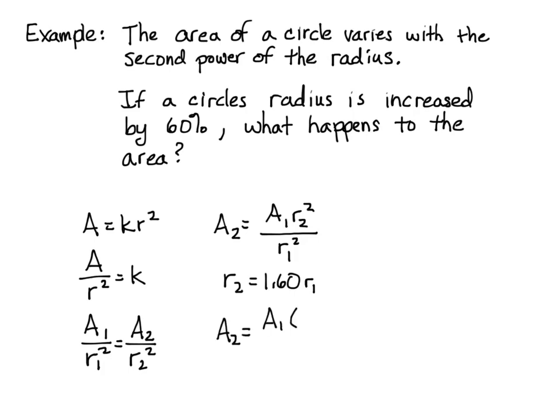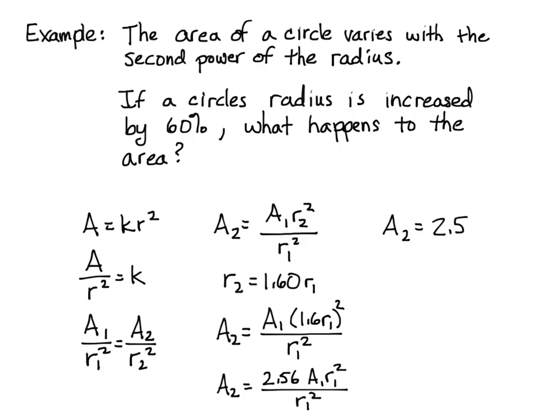Then I'll make the substitution, 1.6 r1 squared, and when I take 1.6 squared, I get 2.56. And notice now I have r1 squared both in the numerator and the denominator, so that will cancel out. And this tells me then that if I increase my radius by 60%, my radius increases by how much in percent?